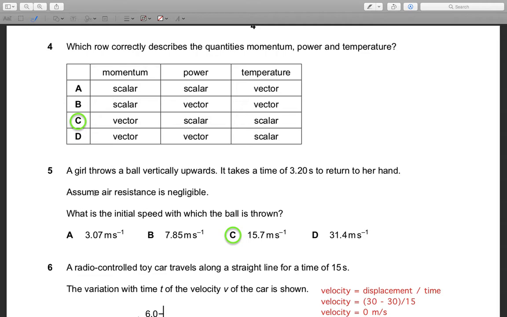Power is force times velocity. Force is a vector and velocity is also a vector. Vector times vector becomes scalar. Temperature is also scalar because there is no direction in temperature, so the answer is C.